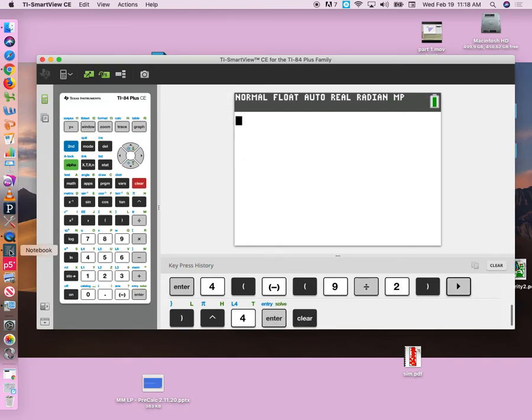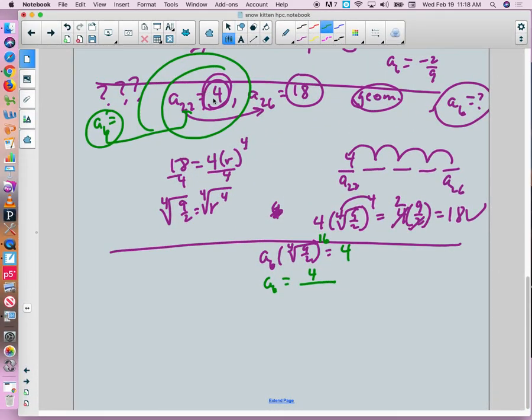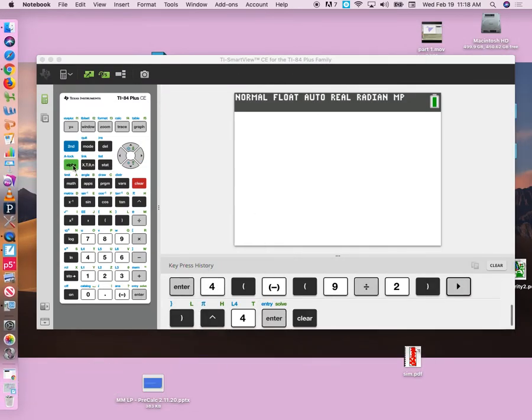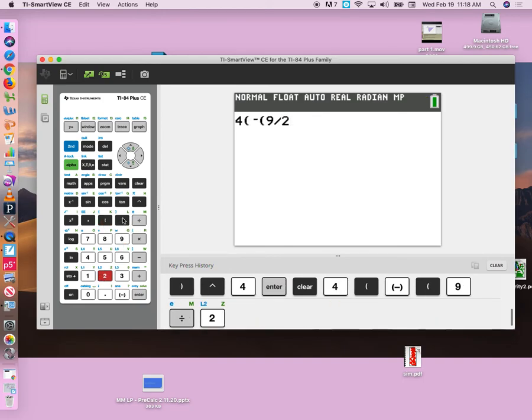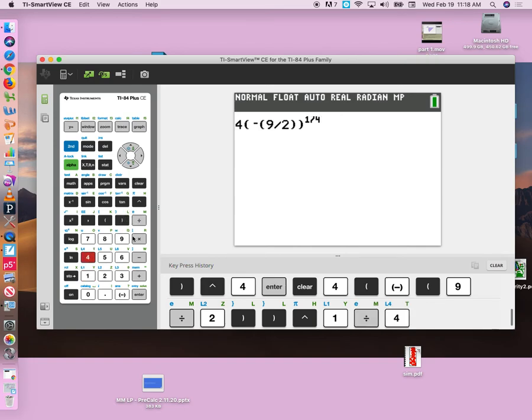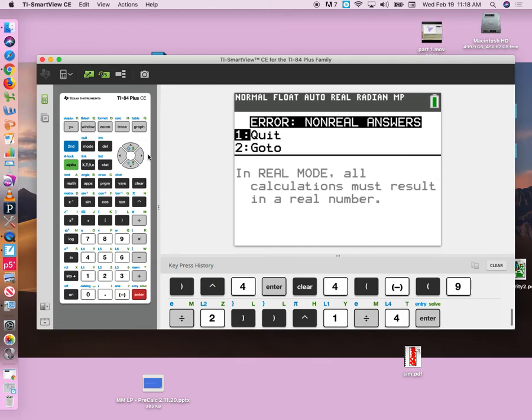Let me go back and look at what I want. Oh, it's the 4th root. All right, so I'm going to say 4 times negative 9/2. I wonder if I'm going to get an error here. We'll see. Yeah, it's not giving it to me. Let me show you what I'm trying to do here.